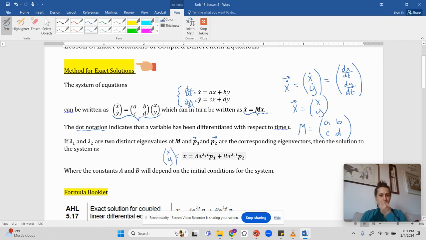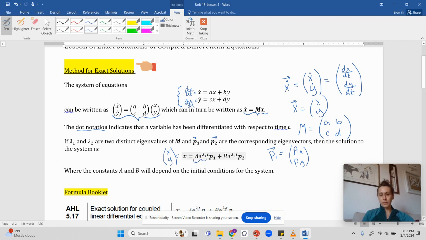It is equal to this. And then vector P1 is actually an x and a y also. So it's like P1, the x value for P1, and P1, the y value for P1. And then for vector P2, same idea here. So P1 and P2 are vectors, keep that in mind.